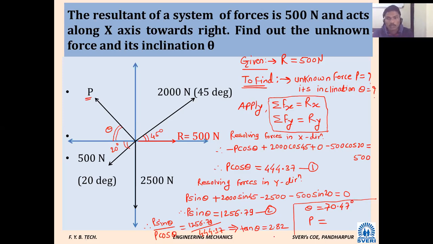What is the value of P? Put the value in one of the equations and find P, the unknown force. Fast.